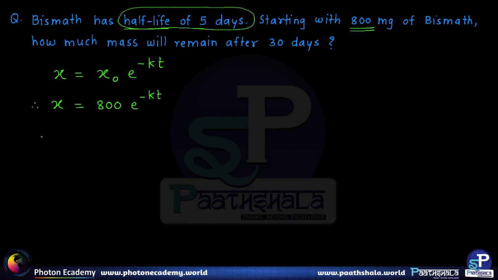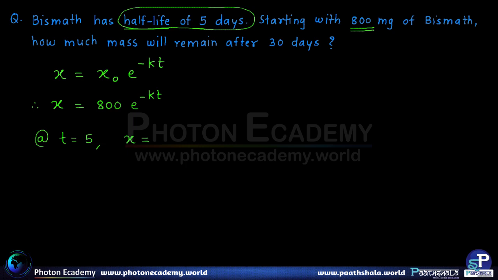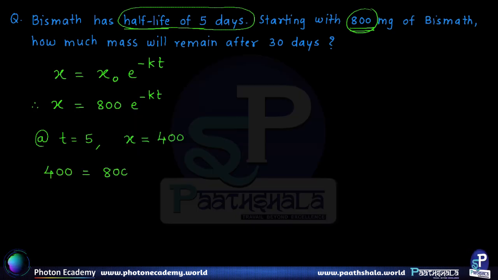So what it means is when t is 5 days, the quantity remained will be half of the original quantity 800 with which we started off the experiment. So therefore at 5 days from the beginning, x would become 400. So therefore we have 400 is equal to 800 into e raised to minus k into 5.